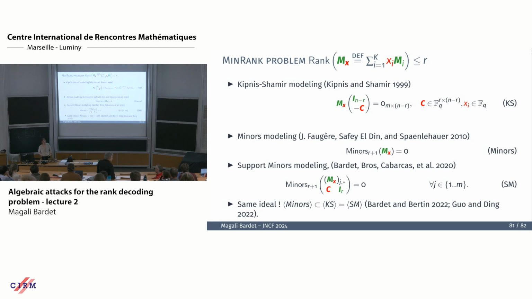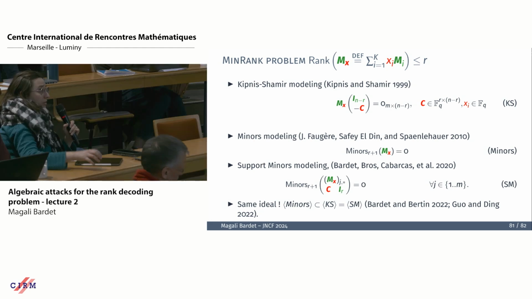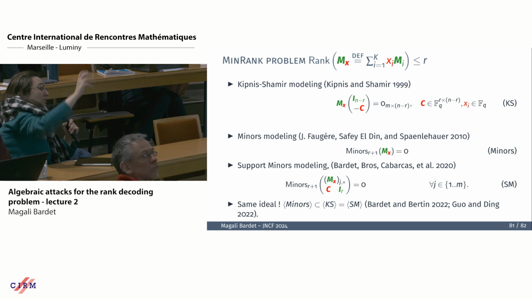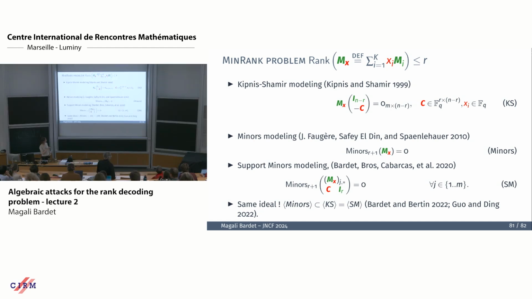Okay, and since it depends on the parameter, is it possible to predict for which parameter which modeling is better? Because you have a complete analysis for both modeling. So you just take your parameters, compute the complexity of solving the both modeling with the results that are known, and take the best one.